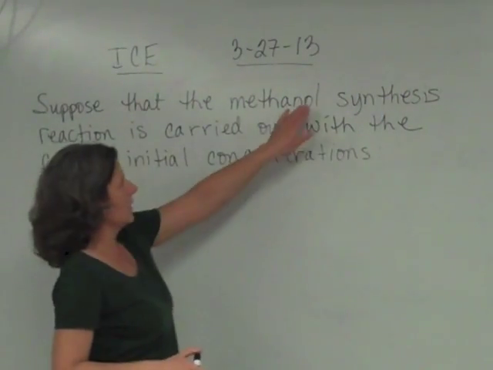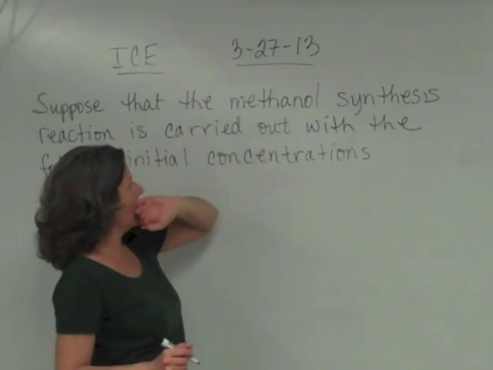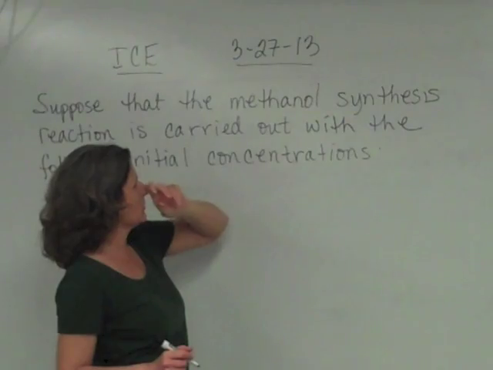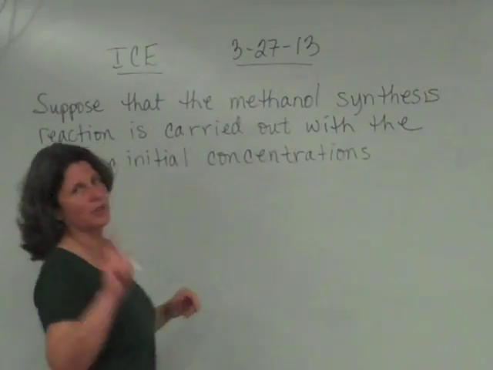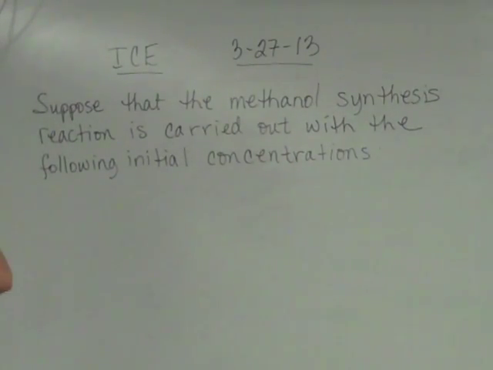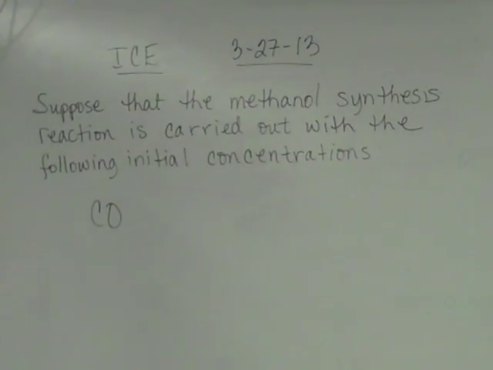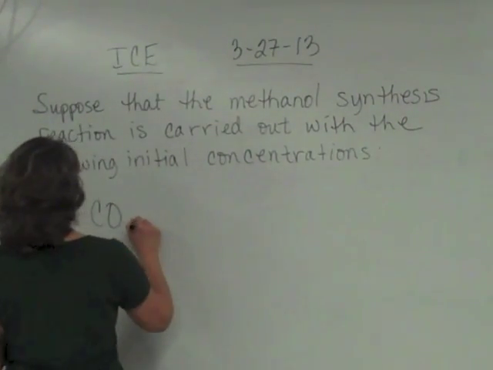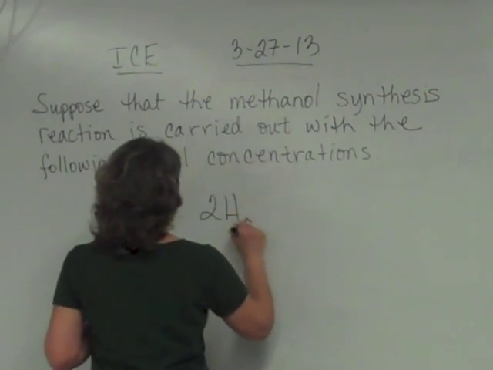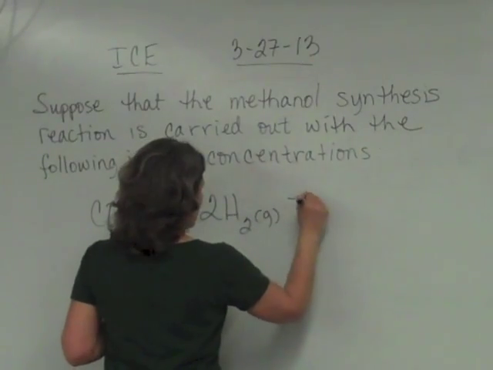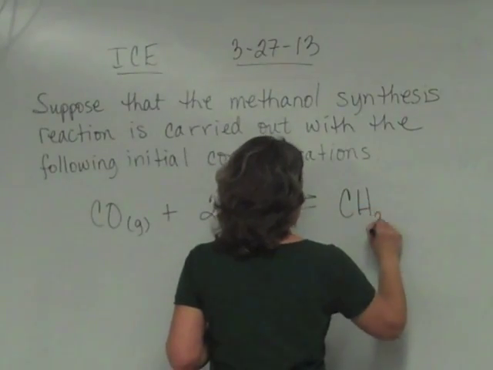Methanol is an alcohol, OL, so it's going to have an OH group at the end, an alcohol functional group, and meth, meaning that there's one carbon. So this synthesis is carbon monoxide gas plus hydrogen gas reacts to give me methanol.